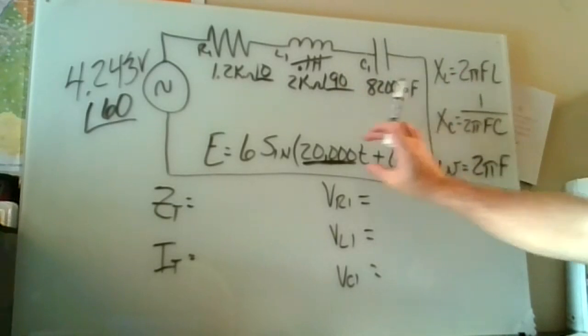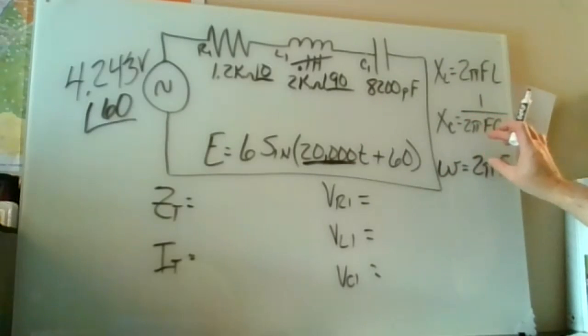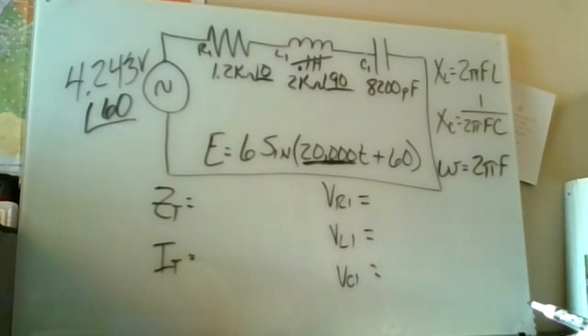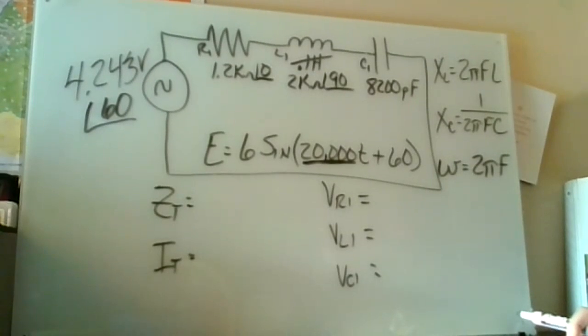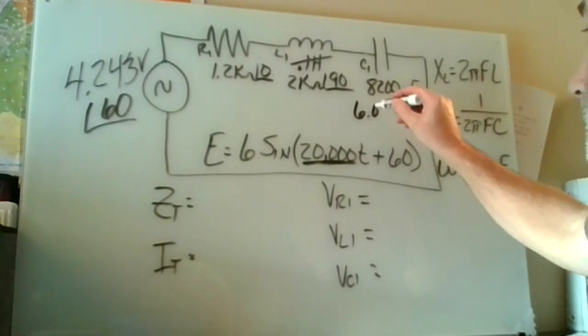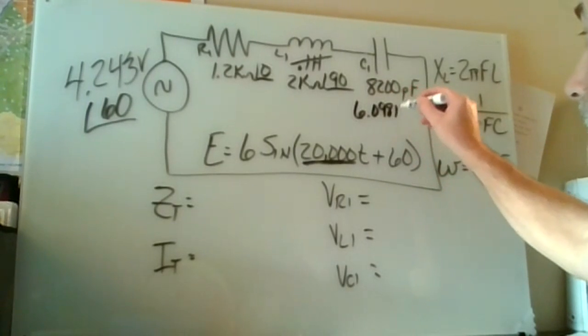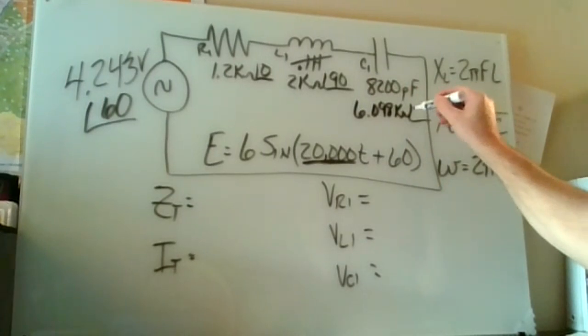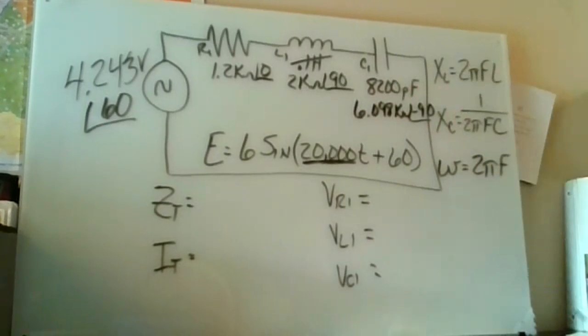I just take 20,000, that's my 2 pi f, multiply by 8,200 pico, and then I have to take the reciprocal of that. I just say 20K times 8,200 exponent negative 12 equals, and then shift reciprocal equals, and you should get 6.098 K ohms at an angle of negative 90.